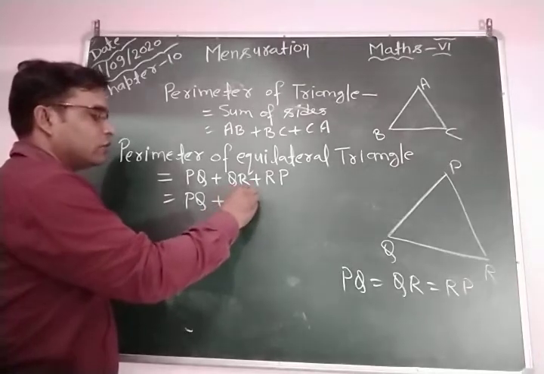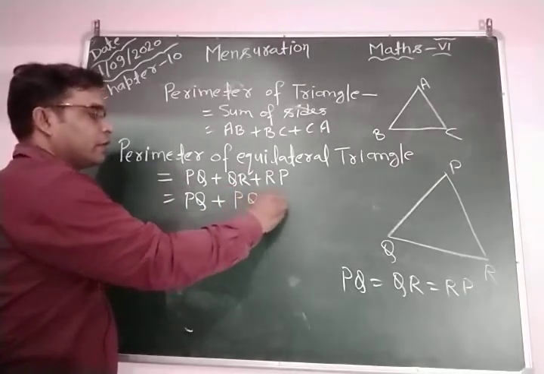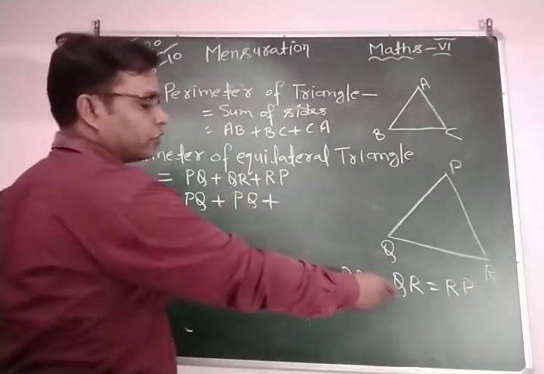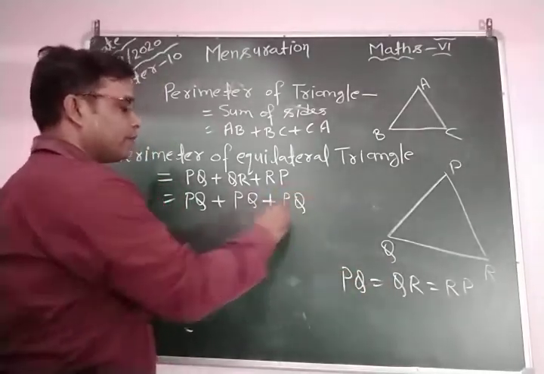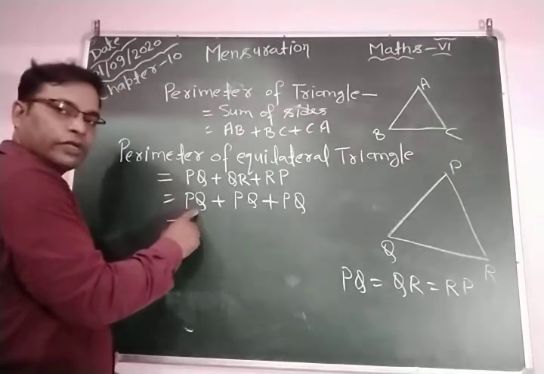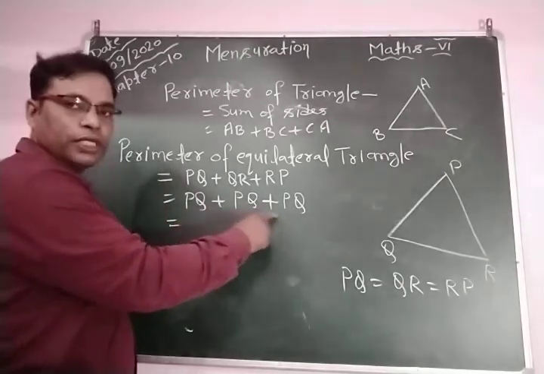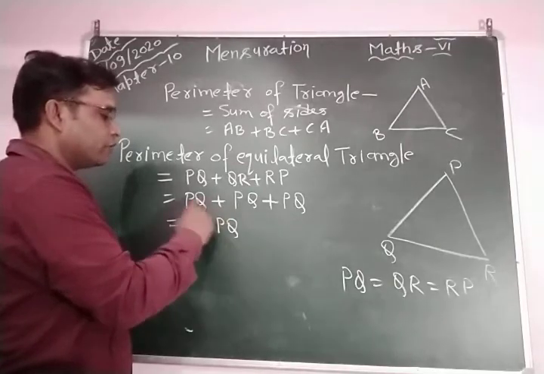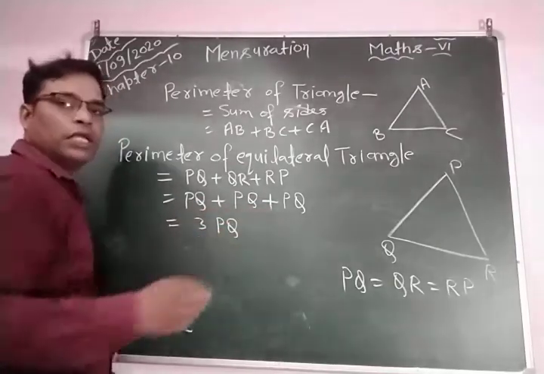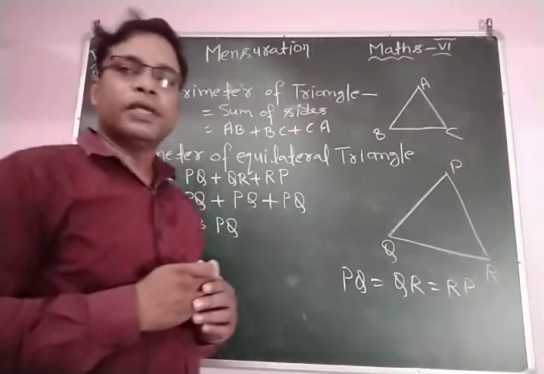So PQ plus PQ plus PQ is equal to 3 PQ, because 1 PQ, 1 PQ, 1 PQ, if we add them, we find 3 PQ.